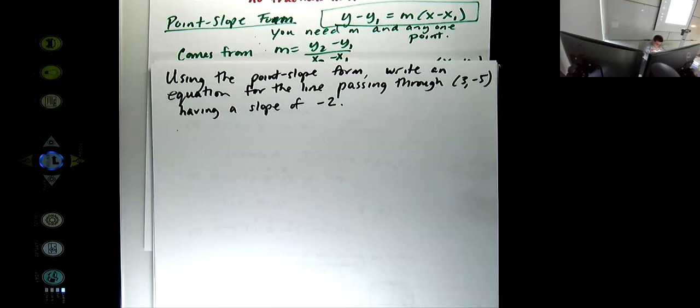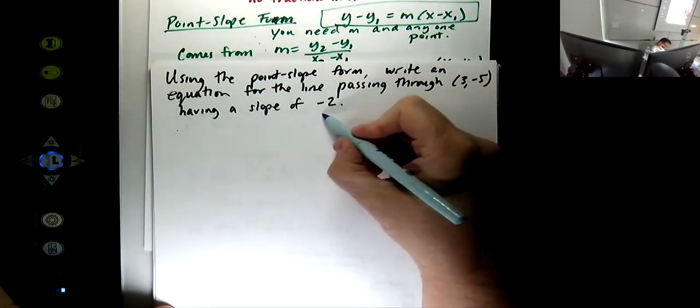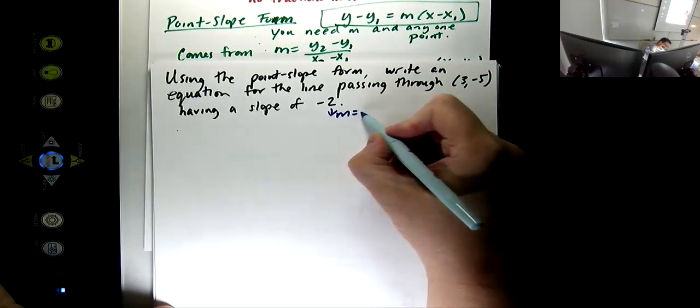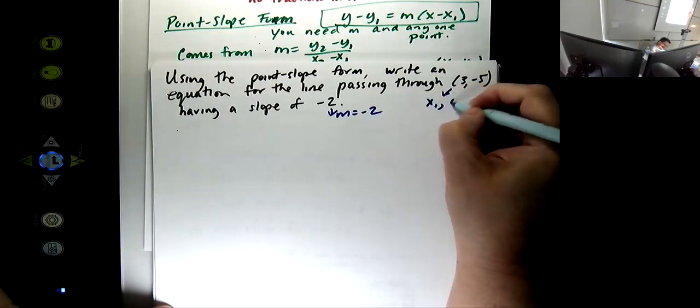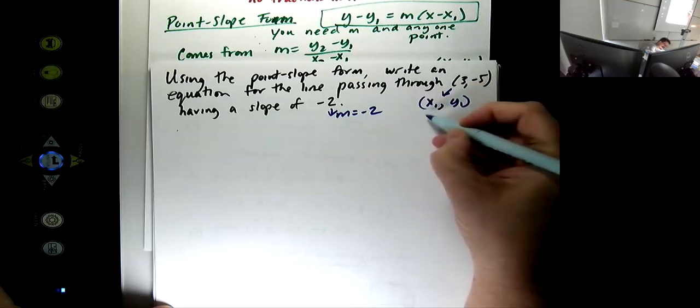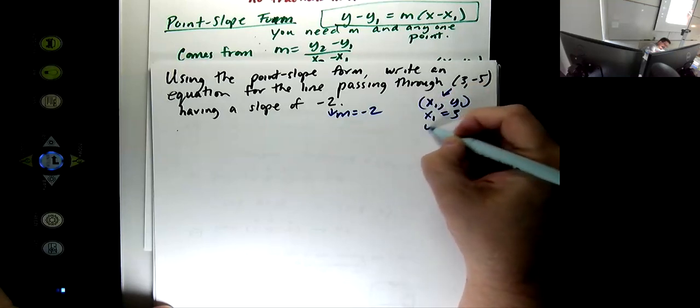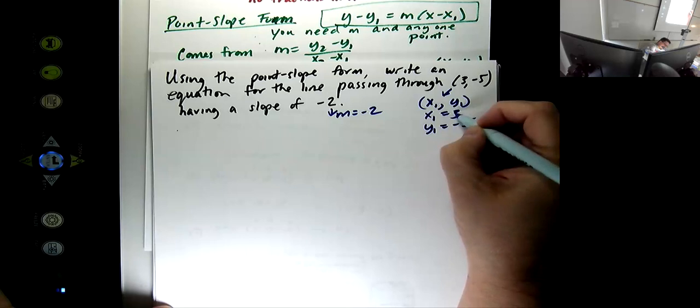So we're using y minus y1 equals m times x minus x1. This is my m, m equals -2. This is my x1, y1, so x1 equals 3 and y1 equals -5.